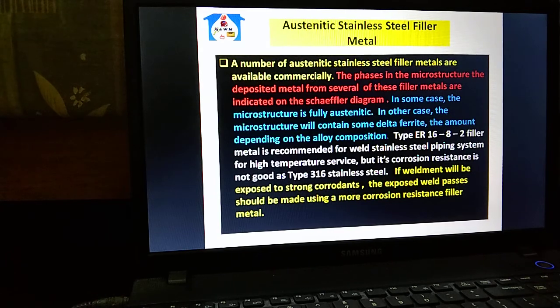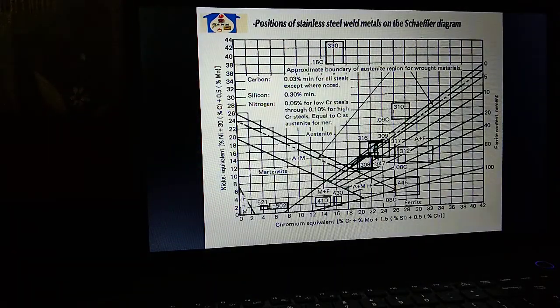If the weldment will be exposed to a strong corrodent, the exposed weld passes should be made using a more corrosion resistant filler metal. Position of stainless steel weld metal on the Schaeffler diagram.